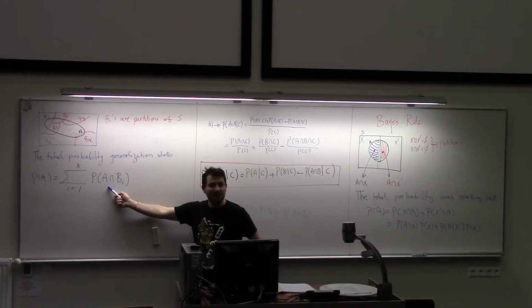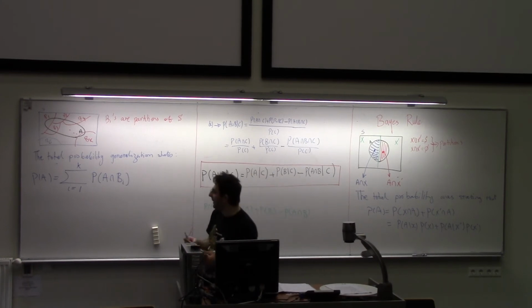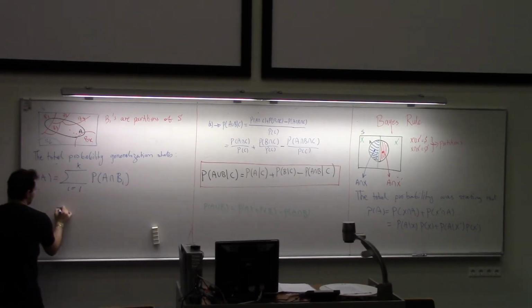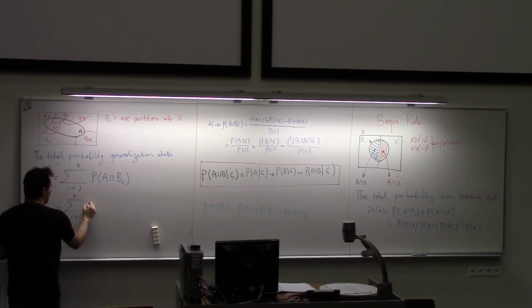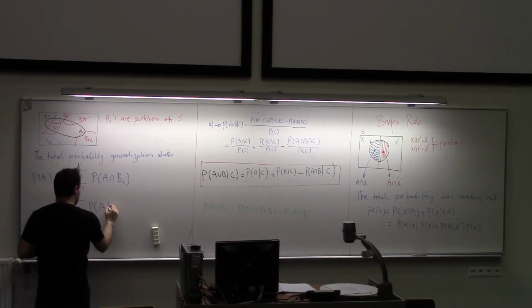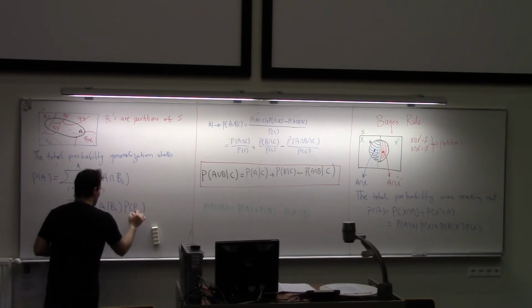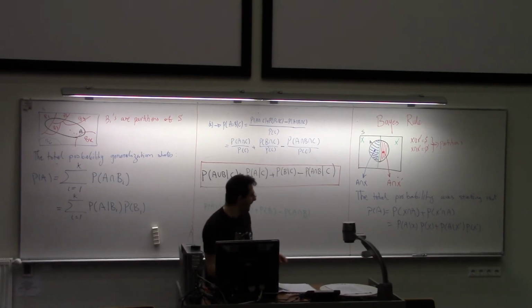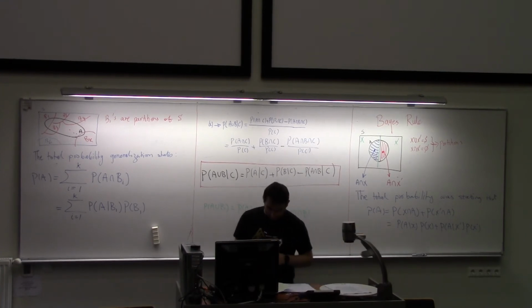But we can add 0 and nothing will change, right? And this, by using the conditional probability, is the sum over i from 1 to K of the probability of A given Bi multiplied by the probability of Bi. Right? Like what we had in the case of 2 partitions.